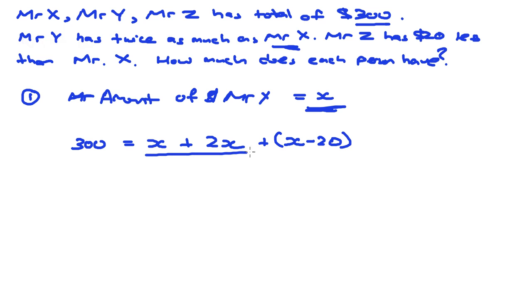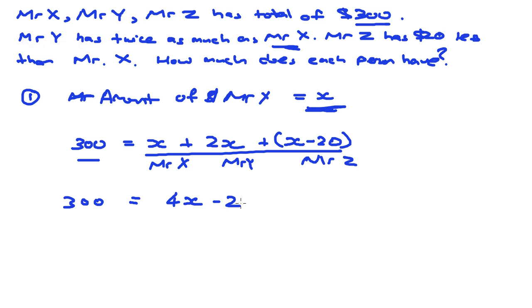So this amount equals 300 based on the question, because Mr. X, Mr. Y and Mr. Z have a total of $300. So from here you can then solve your equation. So x plus 2x plus x minus 20 equals 300, which is 4x minus 20 equals 300.